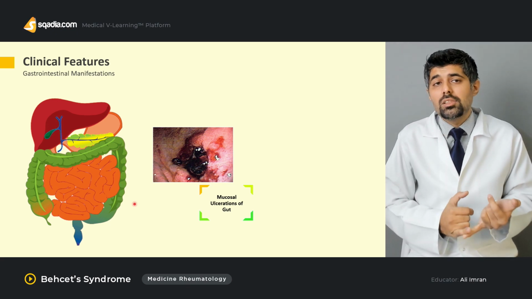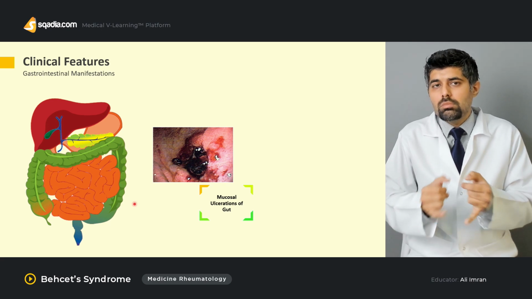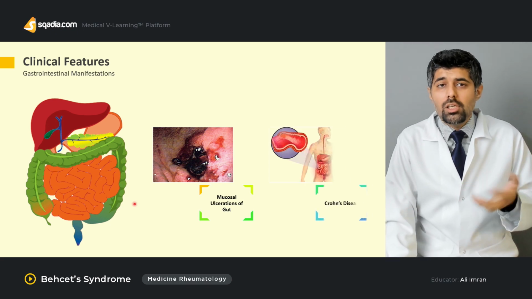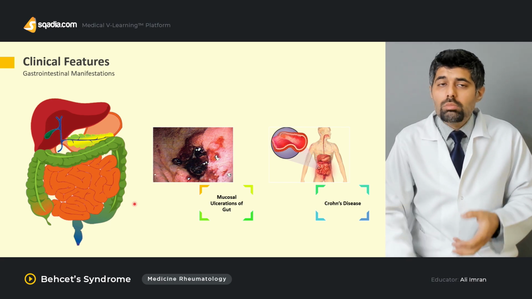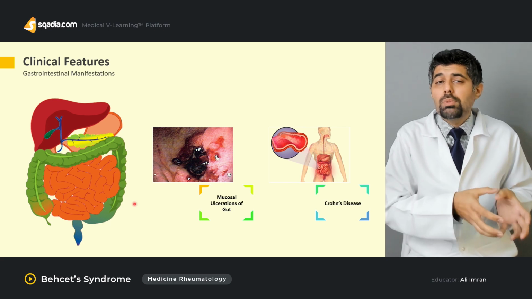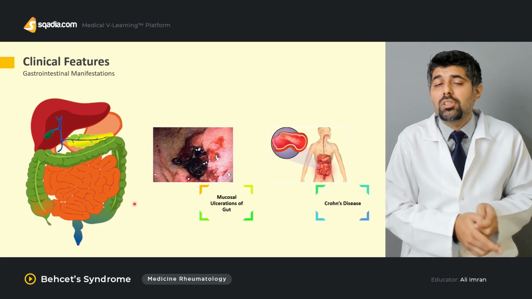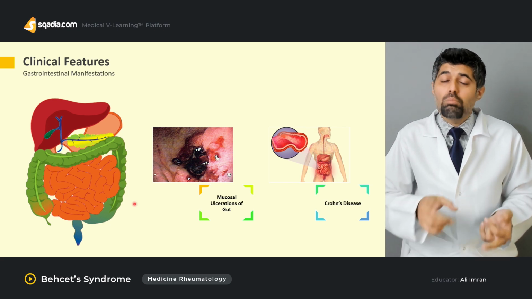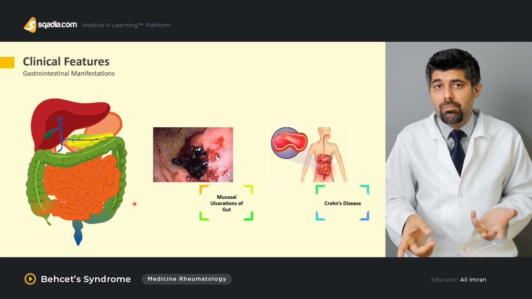These ulcers are sometimes indistinguishable from the ulcers usually presented in other diseases such as Crohn's disease or ulcerative colitis. So, an endoscopy must be performed on a patient with Behcet syndrome presenting with gastrointestinal manifestations, because these ulcerations can be either from Behcet's or due to Crohn's disease.